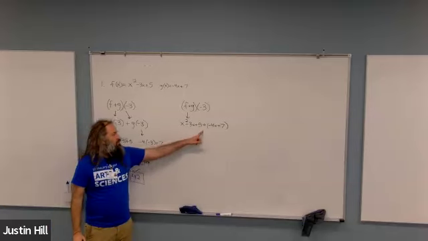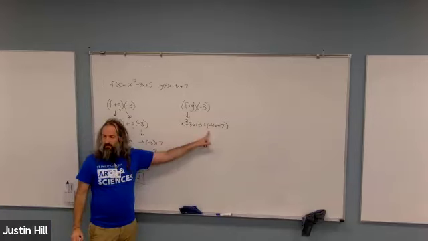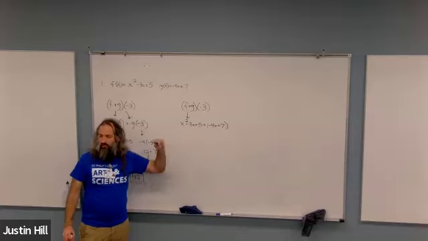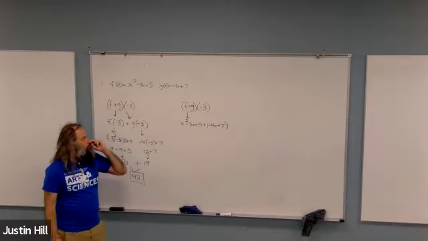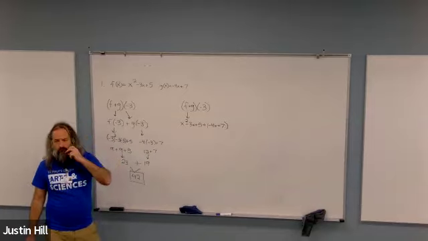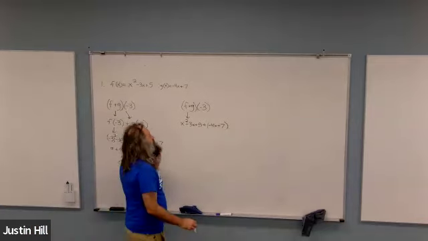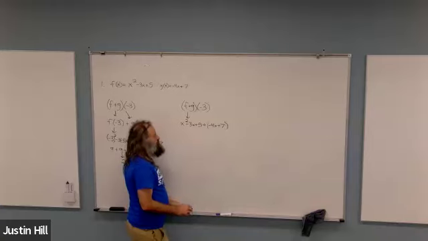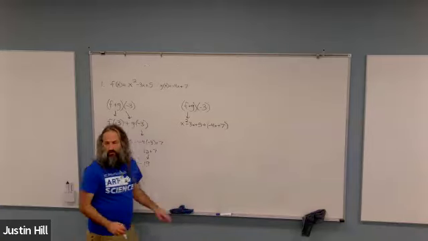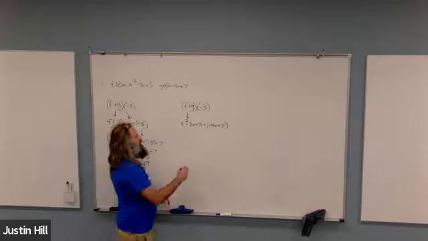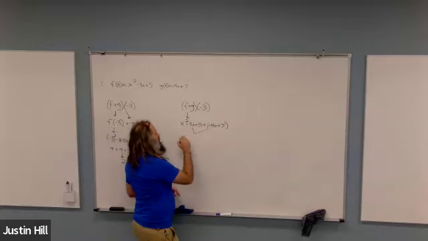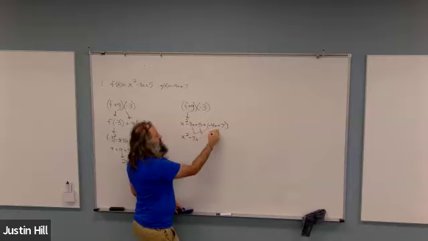So just thinking through this, what is this going to give you? It's x squared minus 3x, minus 4x. Those combined, so we get x squared minus 7x plus what?